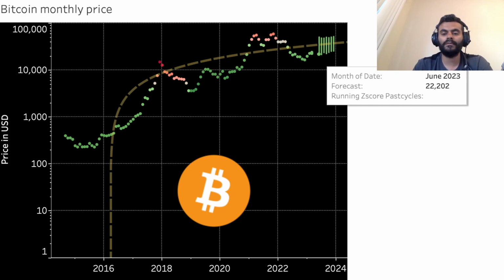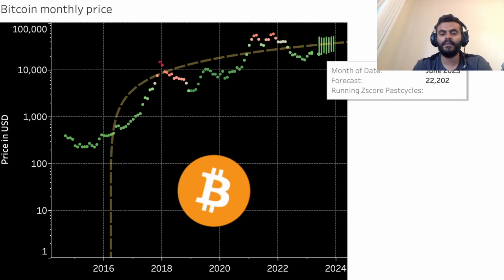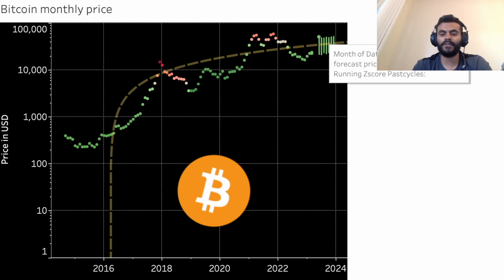With that in mind, for the first month I have considered June of 2023, and the forecasted value is 22,000 for that month. Along with the base forecast, I have added two different values. What could happen in an excessively bullish environment? This is the theoretical upper limit, that is $51,900.